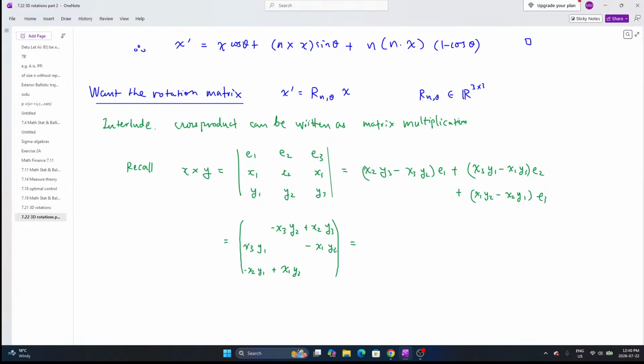This is perfectly ready to convert into matrix vector multiplication. So you get 0, minus x3, x2 in the first row. I'm trying to write this as a 3 by 3 matrix times the vector y1, y2, y3. There's no mystery there. It's just a simple exercise in first year linear algebra.